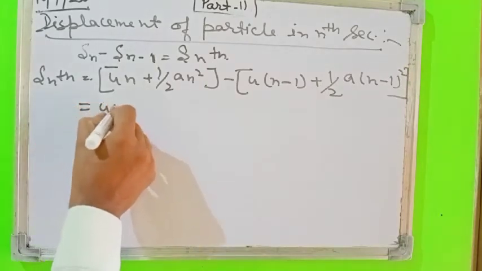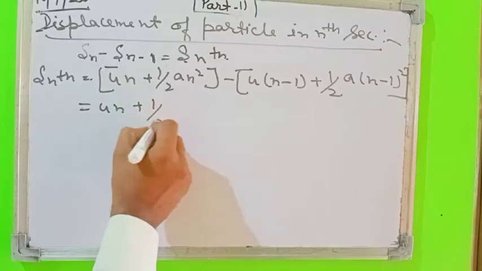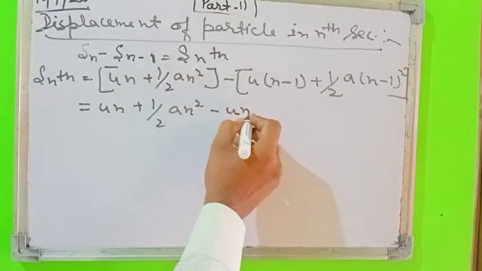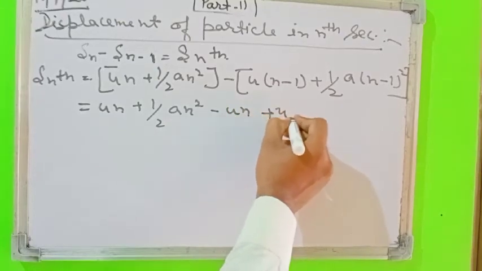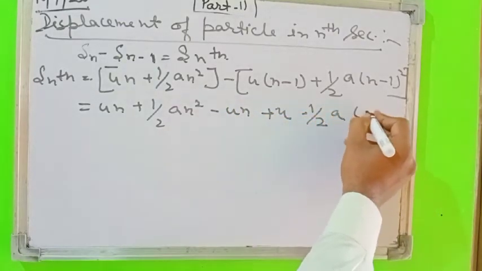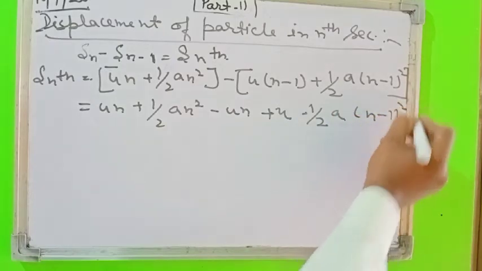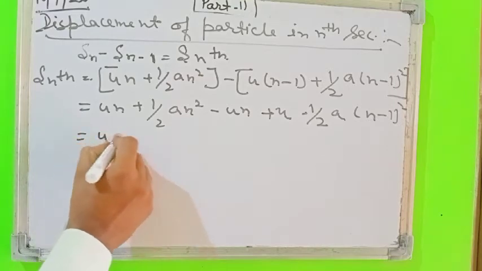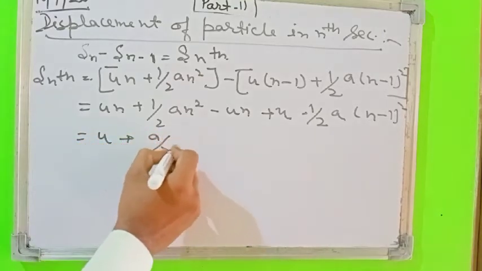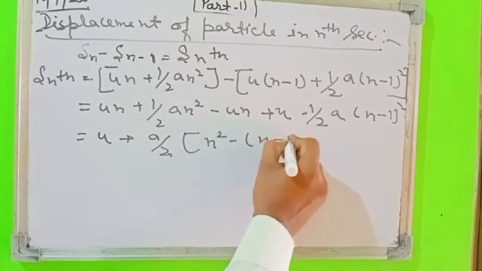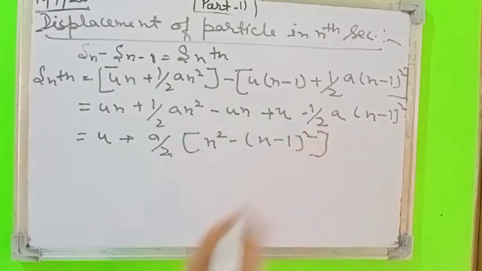or Un plus half An square minus Un plus U minus half A(n minus 1) square, or U plus A by 2 [n square minus (n minus 1) whole square].